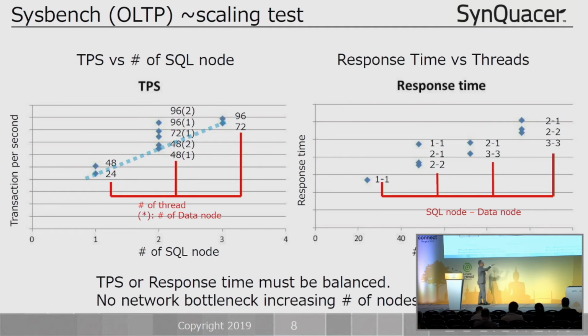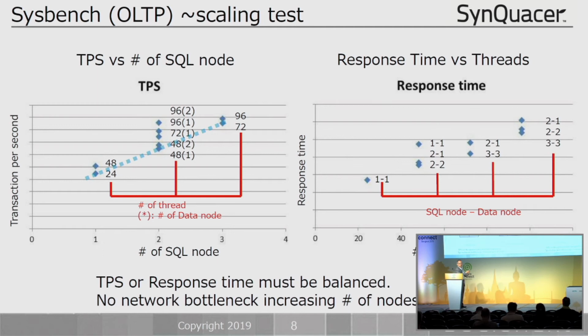Actually, a higher number of nodes decreases the response time. So that means we didn't reach the network bottleneck yet. In fact, when we measure iPerf between the nodes, it's over 9 Gbps because of DTT. But when we run Sysbench, it's much lower because each packet is not fully occupied.